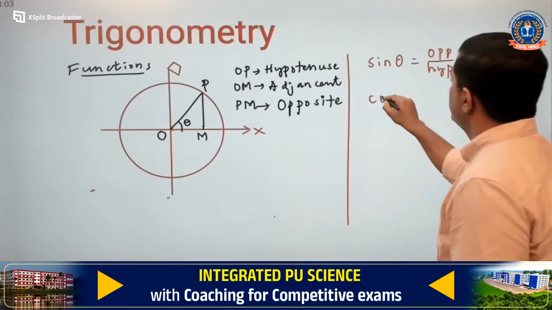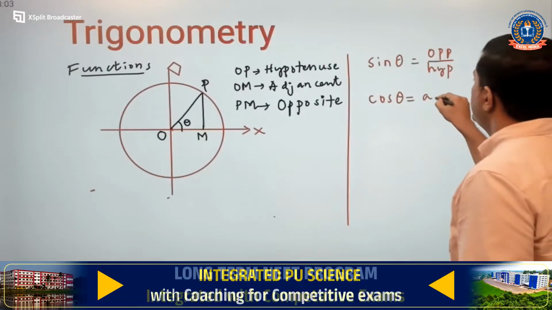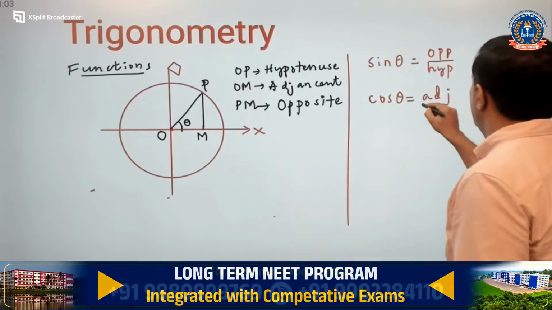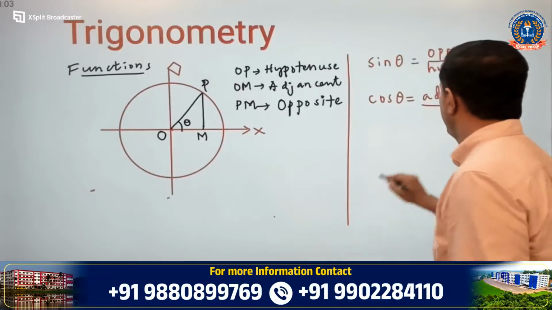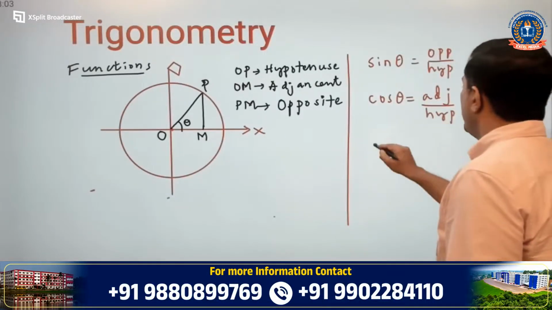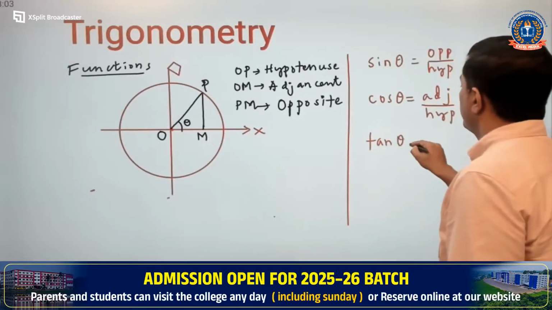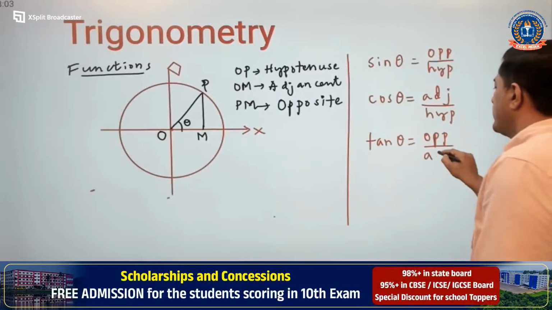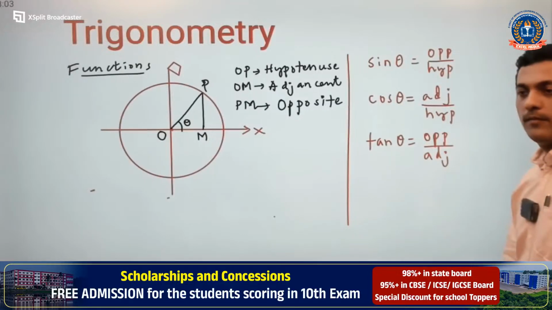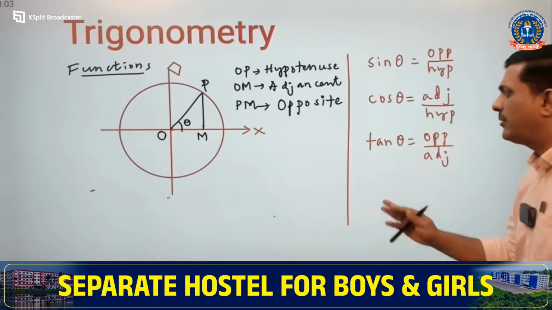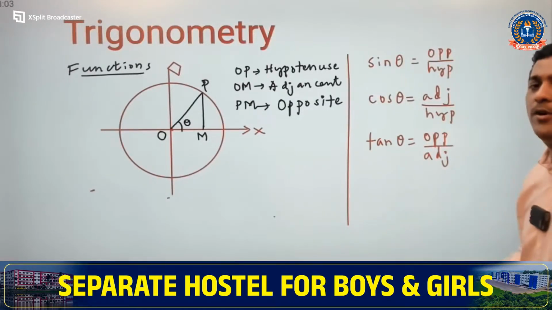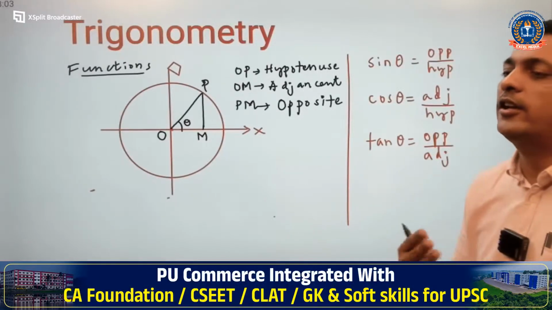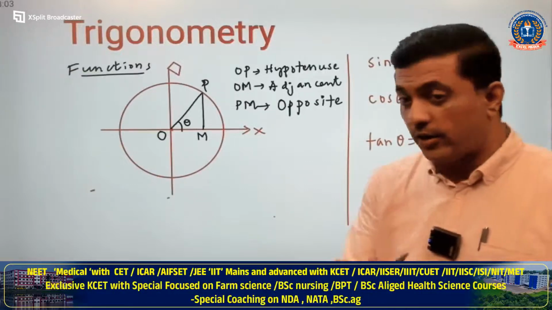Cos theta is adjacent by hypotenuse. And tan theta is opposite by adjacent. Yeah, you know everything, I'm just recapitulating. I'm not telling you anything new because these are basic classes. I'm only reminding you of what you have learned.